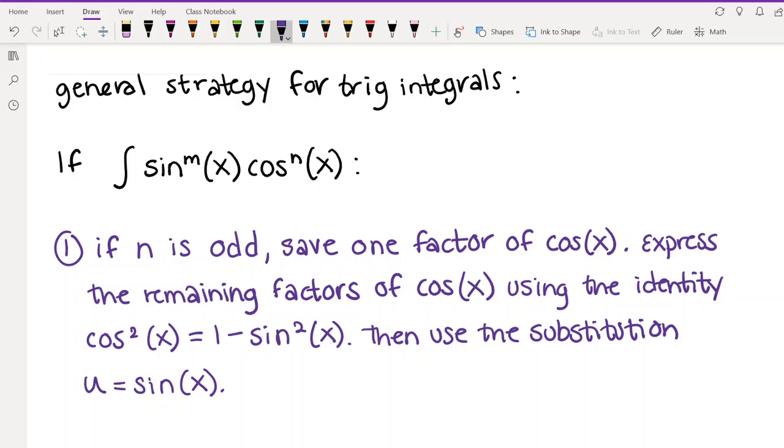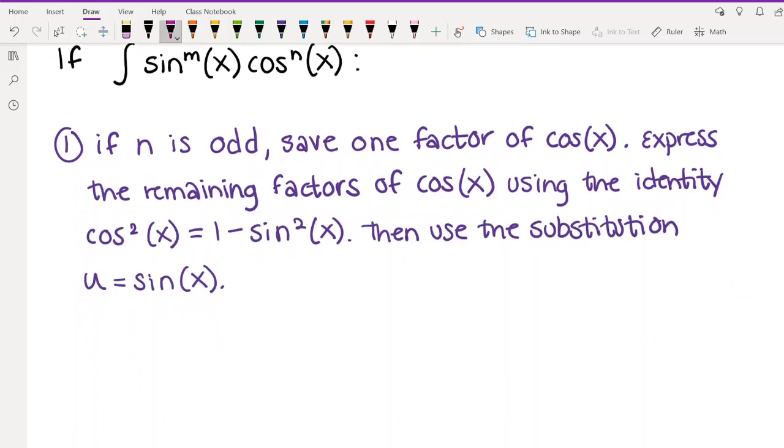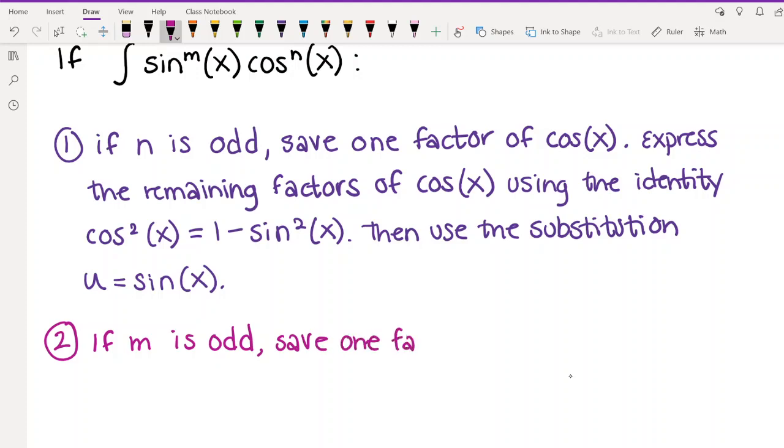So if they're flipped, it's basically just the opposite. So let's write that down and then we'll do a quick example like that. And then we'll get into some involving tangent and secant. So that will be a little different. So if m is odd, so that would be if sine is raised to an odd power, we're going to save one factor of sine of x.